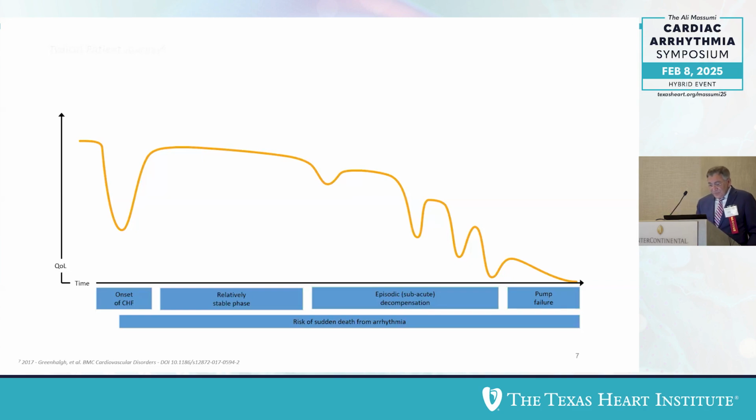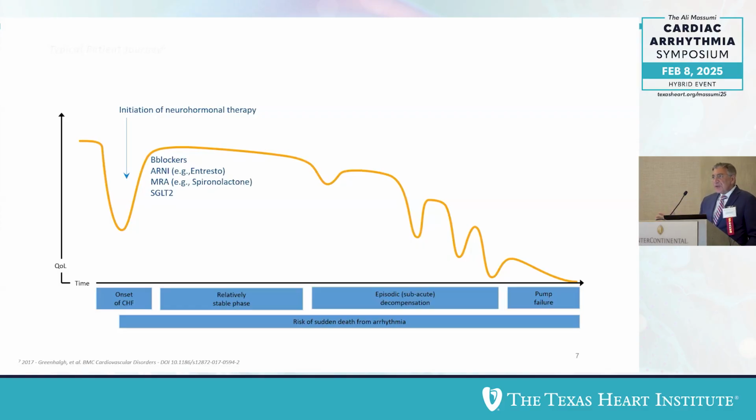Now, if you look at this curve, the history of heart failure, you see the risk of sudden cardiac death is all across. So the first thing is, at those levels we need to protect them from sudden cardiac death, which is the defibrillator. So that is out.